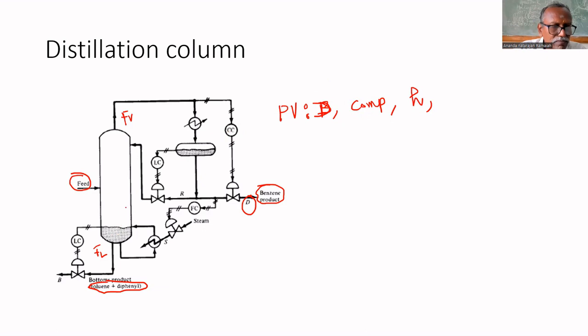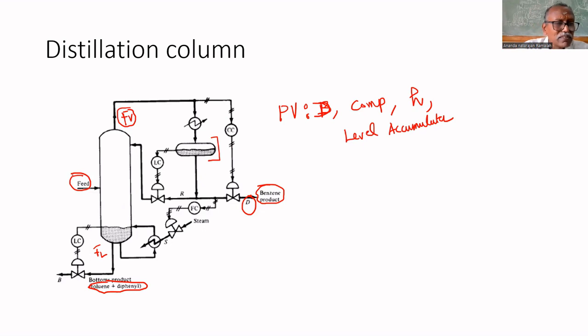And the fourth one is level in the accumulator. So here the benzene is coming as a vapor.